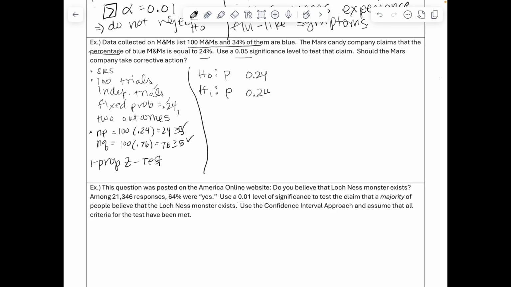So putting that down for both our null and alternative. Remember, our null always gets an equal sign. And then for our alternative, you will see that it doesn't explicitly say anything about being greater than or less than. Do not read it as 34% is more and make an assumption that that was what the researcher was thinking. If it does not clearly state more or less, then we are going to use not equals to.